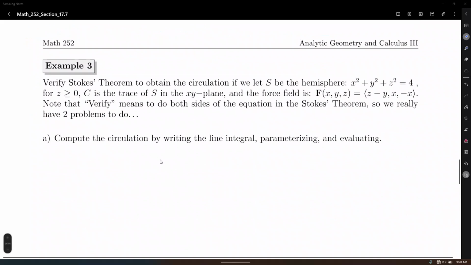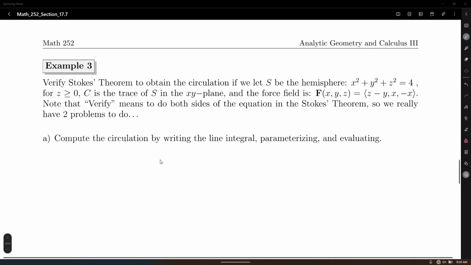Okay, number one, what does that mean? Is that the upper hemisphere or the lower hemisphere? Upper, right? Because z is positive, and C is the trace of S in the xy plane.